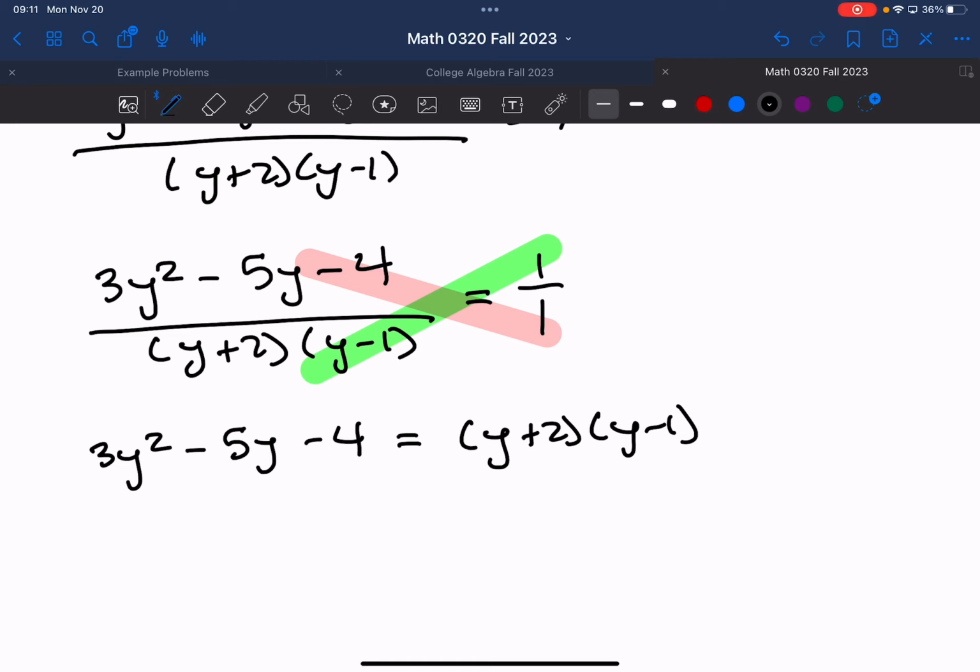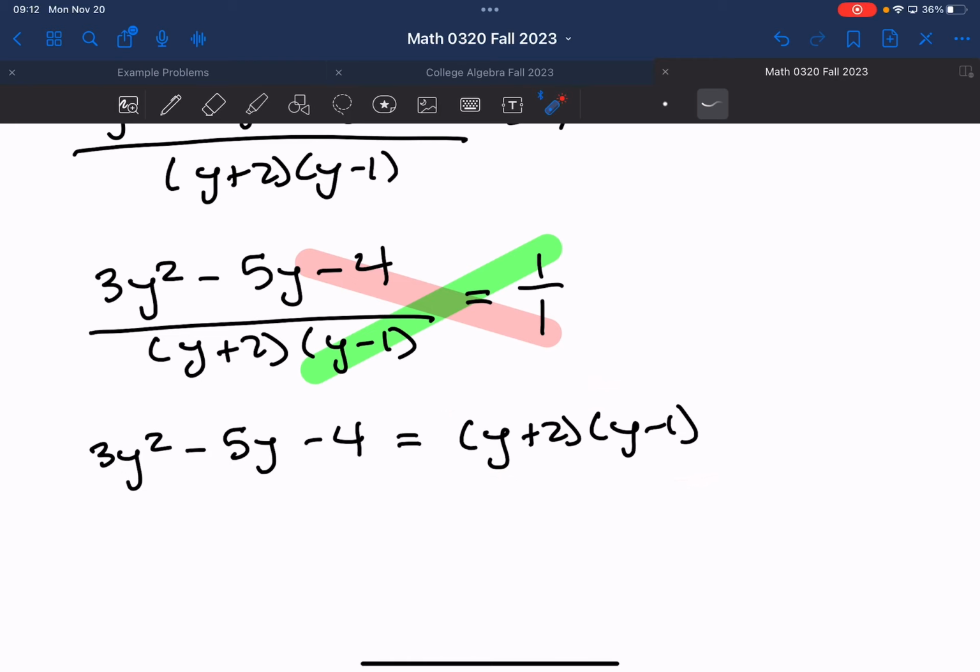What would be my next step? I have a y squared in my problem, so that tells us it's what type of function? Quadratic. And a quadratic function in standard form has to be equal to what? 0. So before I start moving everything over to the left side, what can I do to this first?